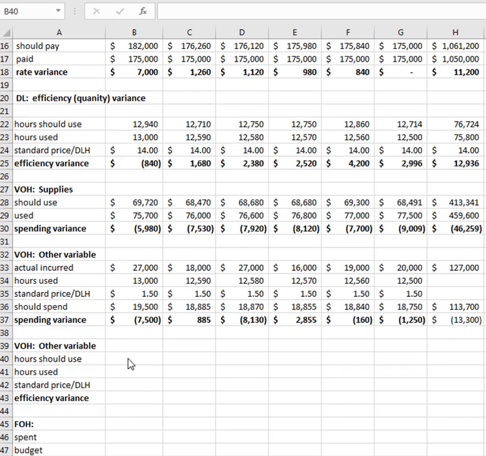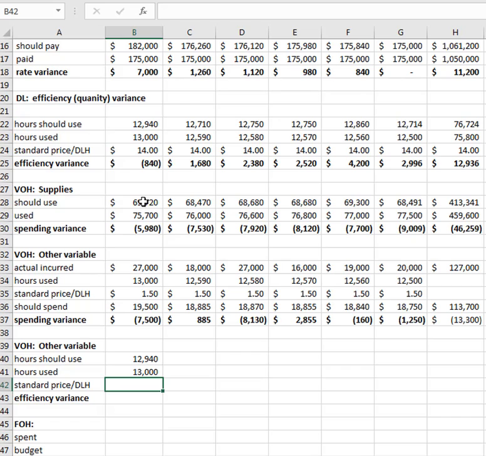Now we're going to do the efficiency portion of the variable overhead. In other words, when you use too many labor hours, you're also incurring overhead related to that excessive hours. So this vacation pay, the overtime, the use of the factory if you're there longer, that sort of thing. All right, so hours they should use, we already know that.